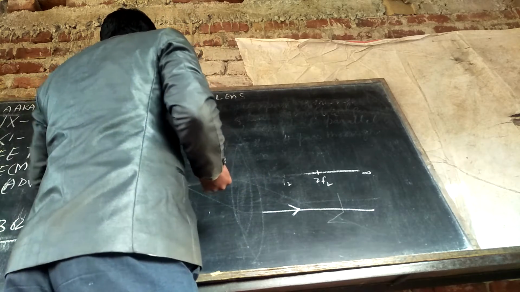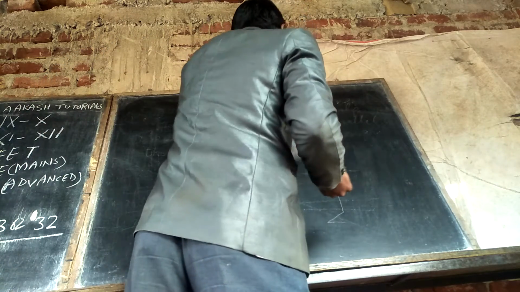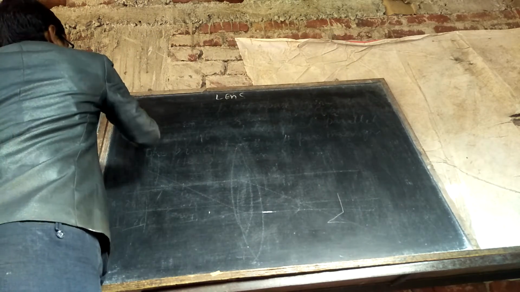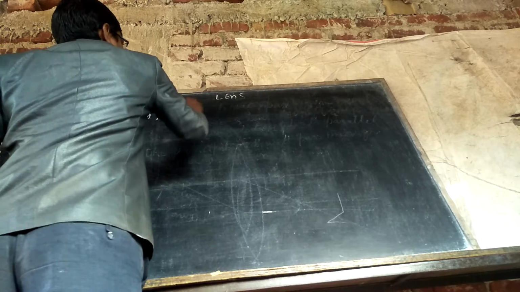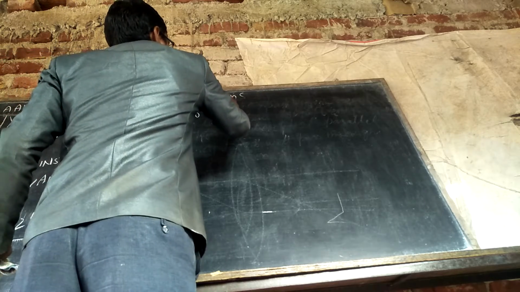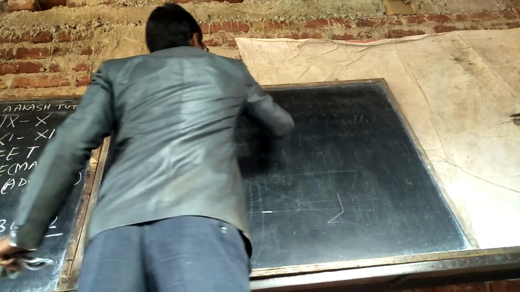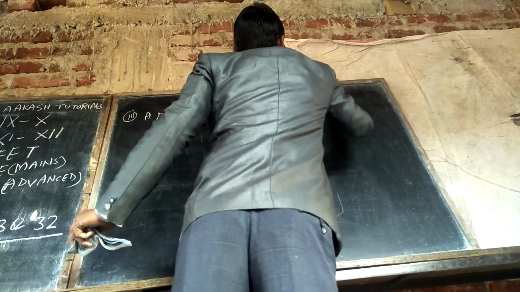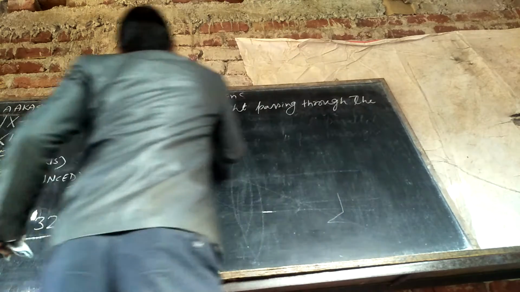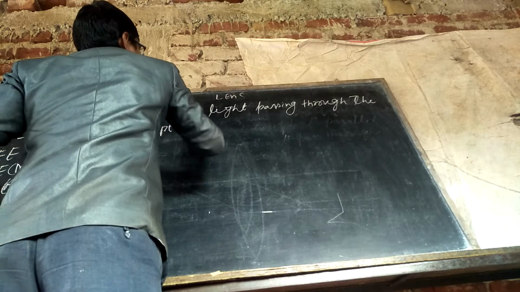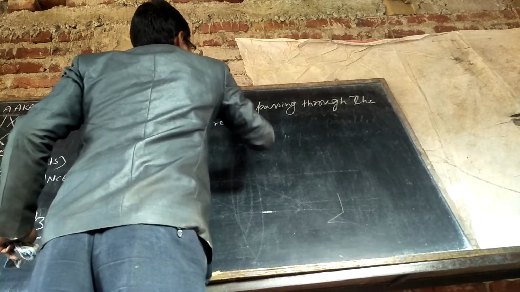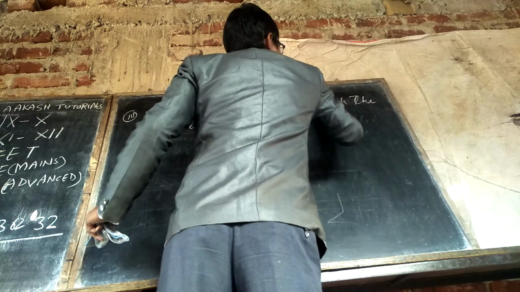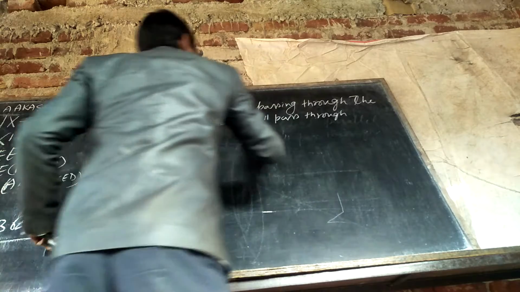Third case, a ray of light passing through the optic center O of the lens will pass through to the other side.